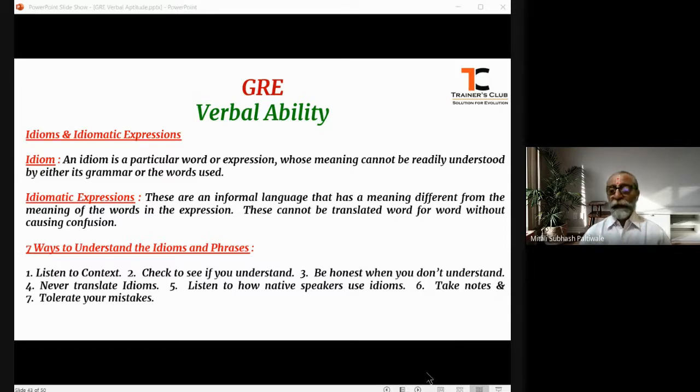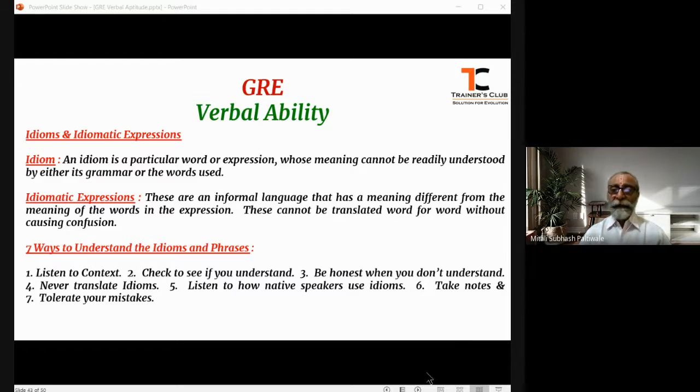Another important aspect in English is knowing and understanding idioms and idiomatic expressions. Now, let us see what an idiom is, right? Most of us would have come across this saying, idioms and phrases. Let us understand what this idiom is all about.